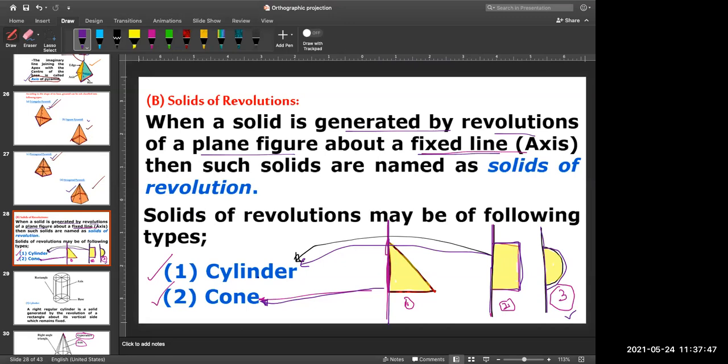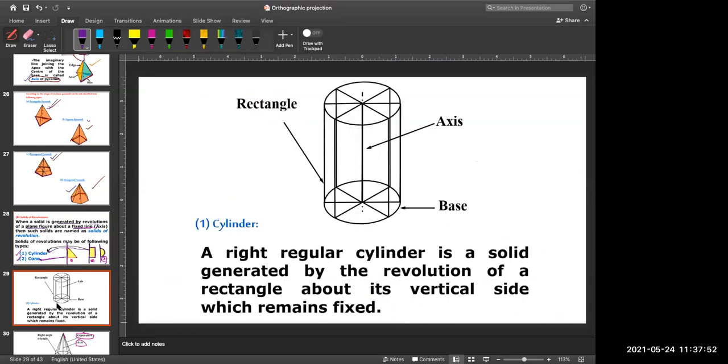So these are the types of solids of revolution like cylinders and cones. Now, a right circular cylinder is a solid generated by revolution of a rectangle about its vertical side which remains fixed. Suppose this is your axis line, you can see at the center.